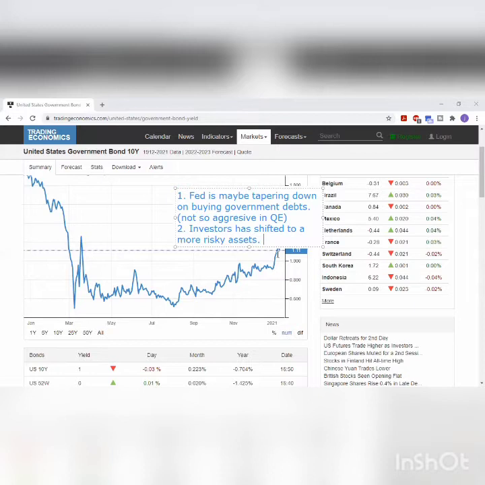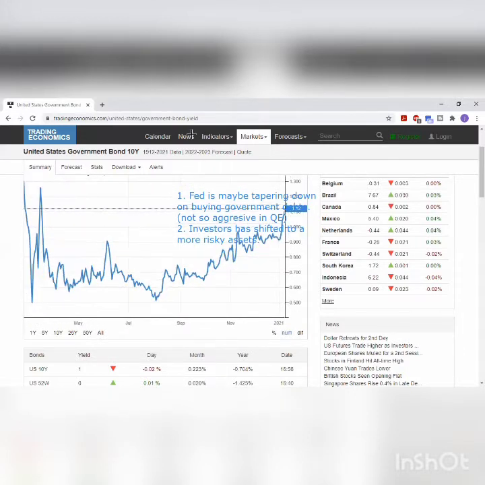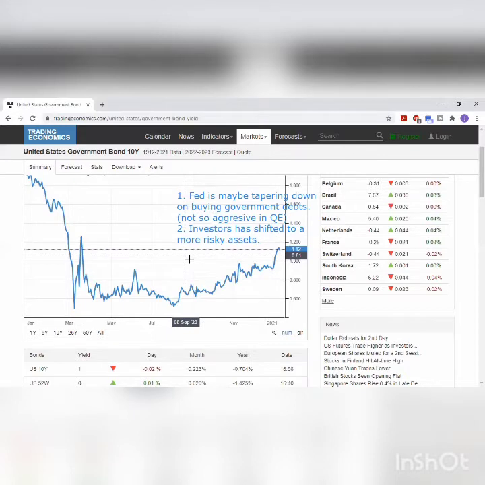So, we may have an assumption that the Fed may be tapering down on buying government debts, or sabihin natin hindi na sila masyadong aggressive in buying government debt.